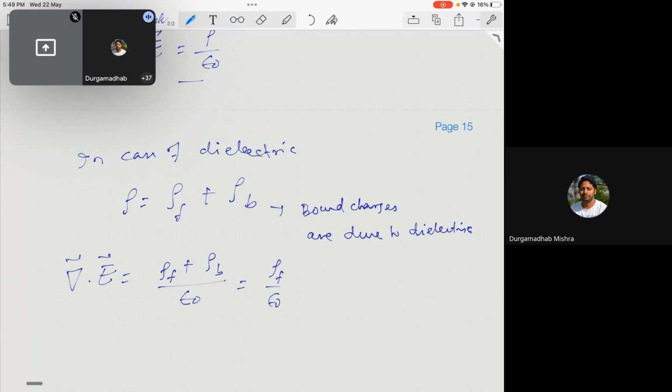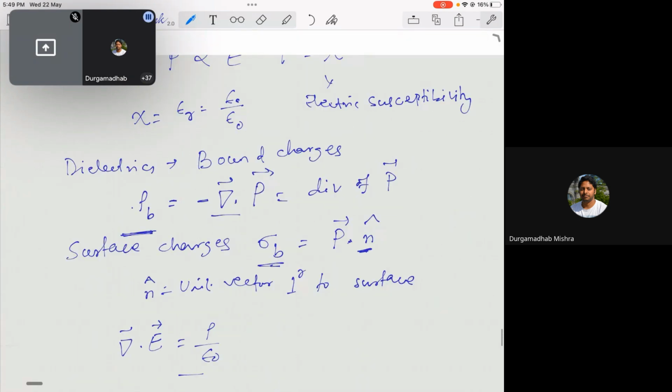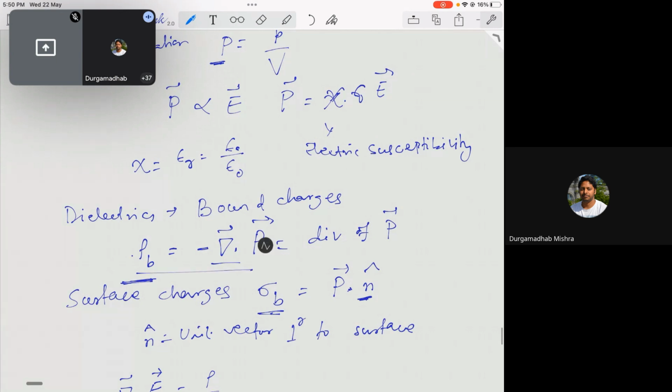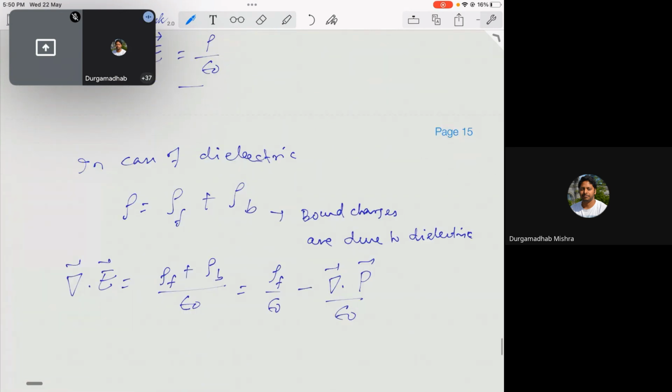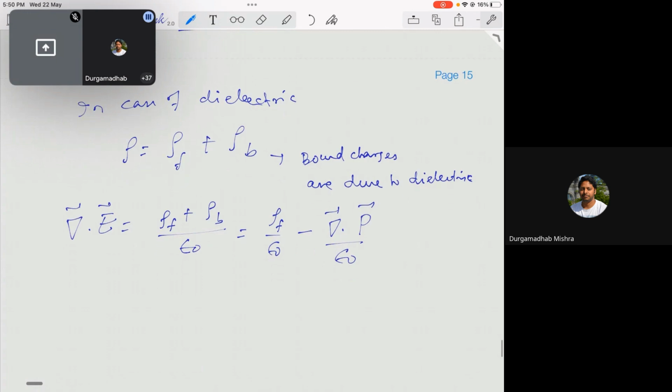So we write rho F plus rho B, which is of this form, minus del dot P. We are just simply substituting that here.